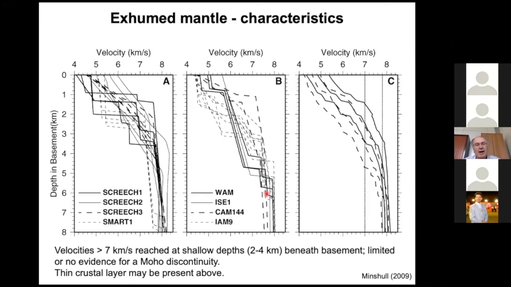But of course, you can have a thin crustal layer, a thin layer of continental crust above mantle that is serpentinized in the same way and has its velocity having similar values to those in these profiles.